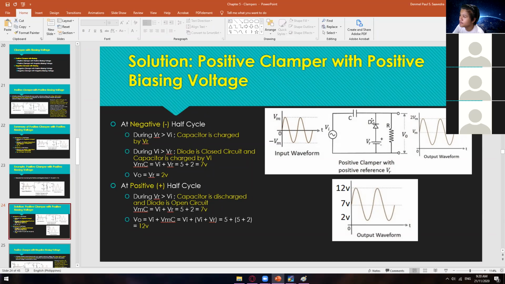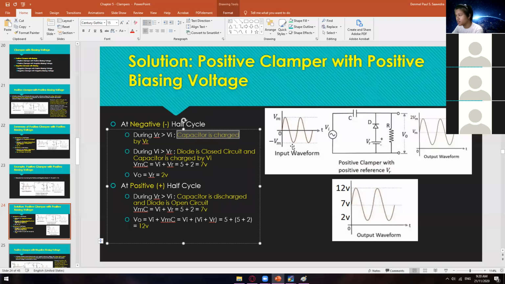So negative here and positive here. So negative is connected to the negative, and then positive is connected to the positive. So in that case, our capacitor now will be charged by V sub R and V sub I. So again, when will our capacitor be charged by V sub R? That is only when V sub R is greater than V sub I. So this will be charged by V sub R. So this one now has a sign of positive and then negative.